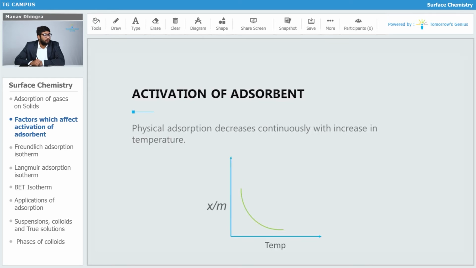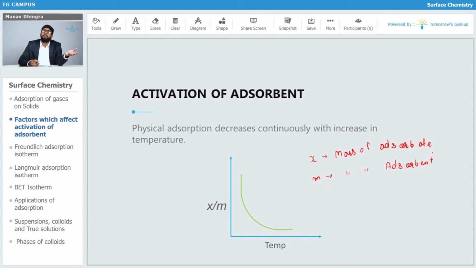So that graph I am going to show you, where what are your x and m? Your x is the mass of adsorbate, while small m represents the mass of adsorbent.